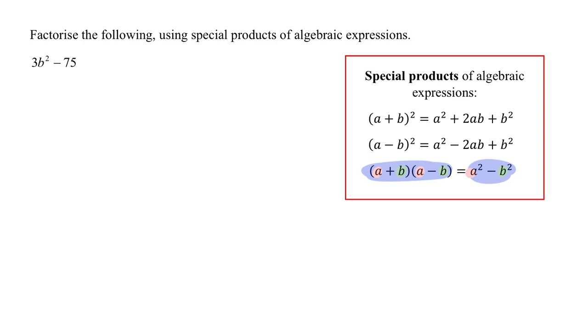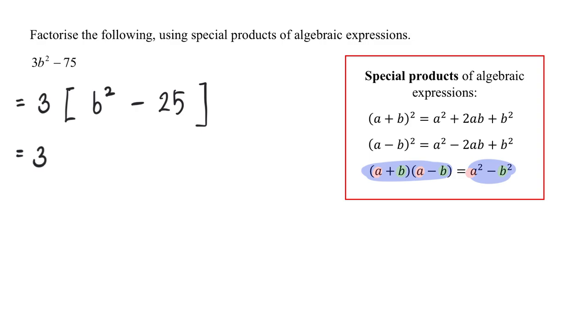At first glance, 3 cannot be square rooted. But I do see that 75 can be divided by 3. Meaning, I could take out 3 as the common factor. I will have 3 times (b squared minus 25). 75 divided by 3 is 25.